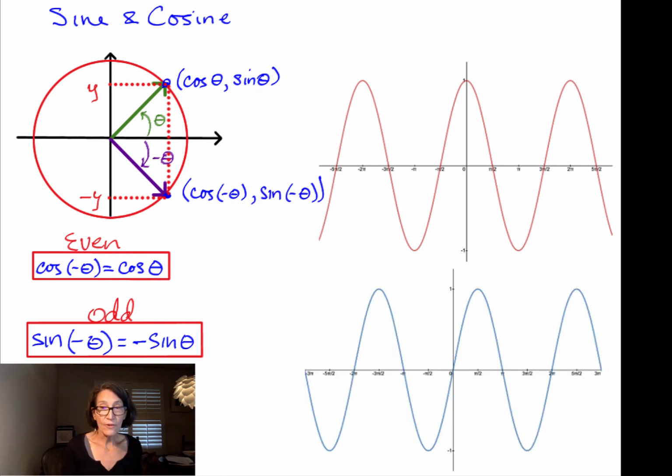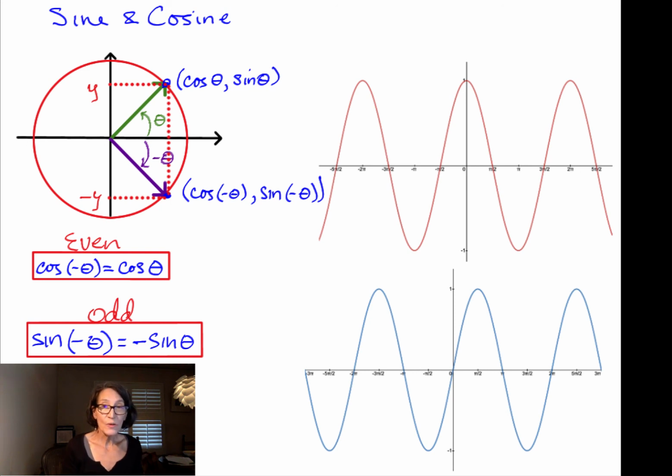And then the graph of the sine function has symmetry about the origin. So notice the piece of the graph that's up in the first quadrant is a mirror image of the piece that's down in the third quadrant. And the part that's in the second quadrant is a mirror image of the part that's in the fourth quadrant. So that one has symmetry with respect to the origin, or it's symmetric about the origin.